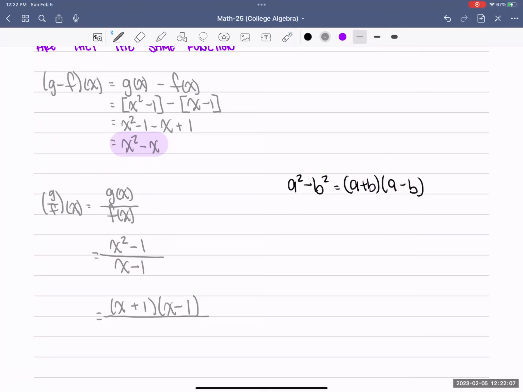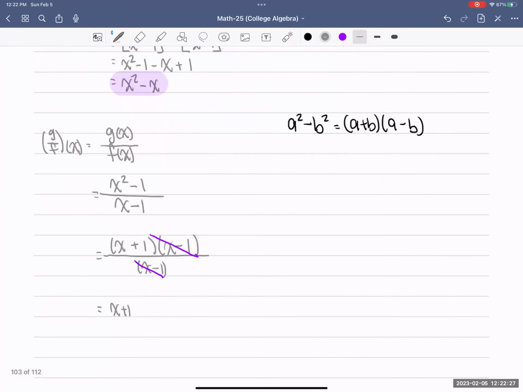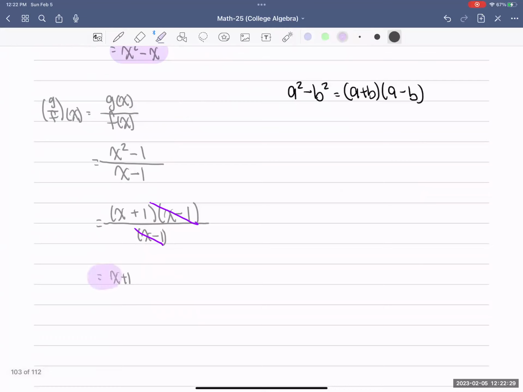We're dividing all of this by x minus 1. And I'm so glad that we did that, because at this point, it looks like we could divide those two out. So dividing those two out, we're left with just an x plus 1. So for this one, we could state this as g divided by f of x is equal to x plus 1.